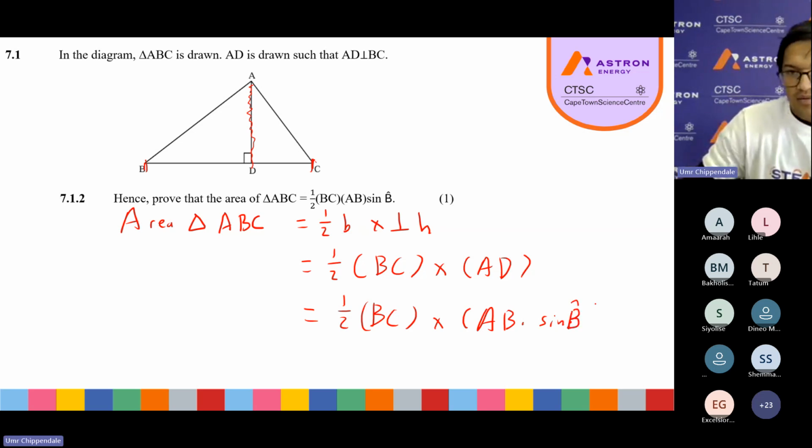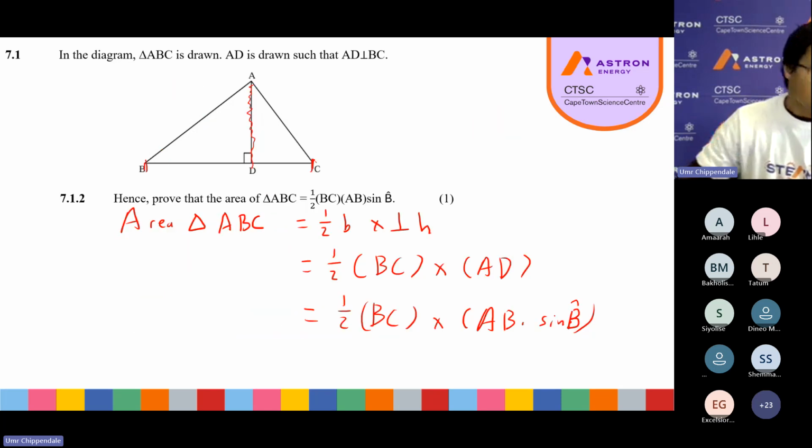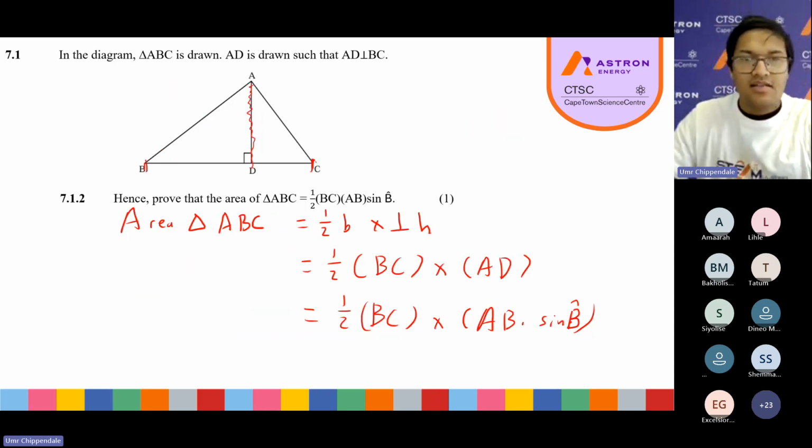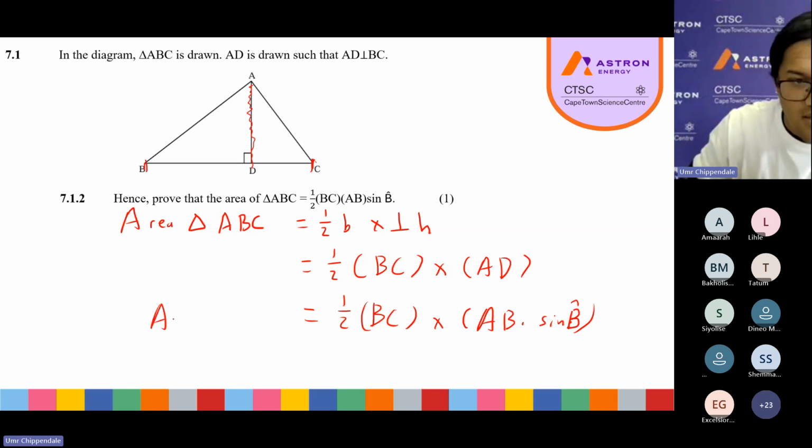Close the brackets. And you can see that's how we got it from there. So that is how we get our 1 mark. That's what we're looking for. So we'll write that as area of triangle ABC.